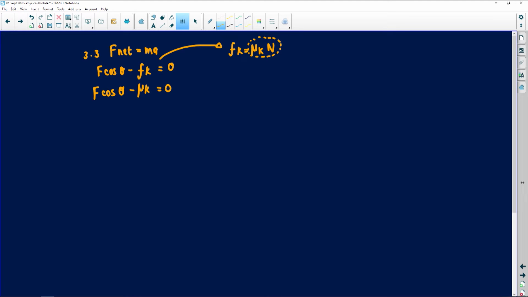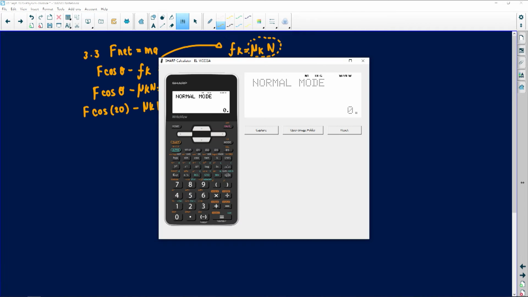So now let's calculate what we have. In my diagram, I have F cos of my theta, which is 20, minus the coefficient of kinetic friction times N, which gives me 0. Let me just calculate what is cos of 20.